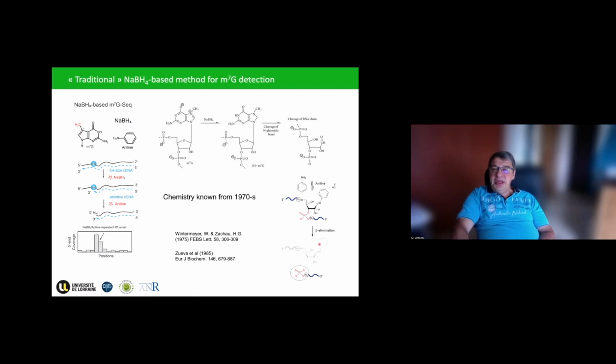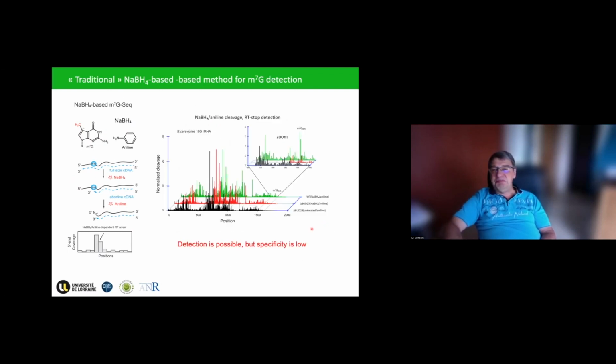So we applied indeed this method, coupling sodium borohydride and aniline cleavage, but the experimental results obtained with this protocol were relatively poor. Indeed, you can see here in the profile for wild type ribosomal RNA having a single m7G residue that the signal disappears in the delta BUD23 cells, which don't have the modification, or when there is no treatment applied.